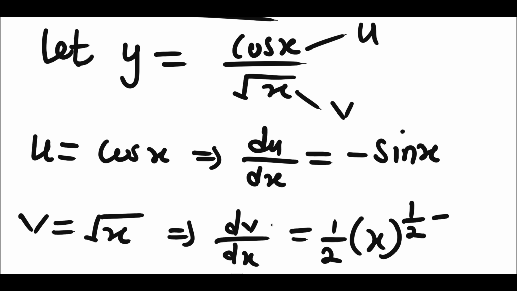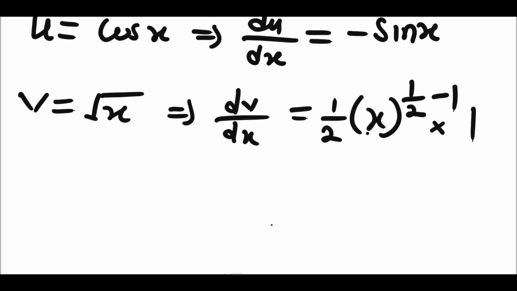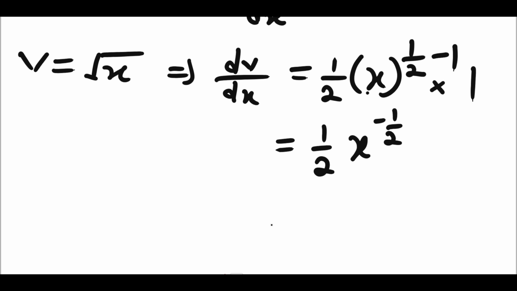Then you reduce the power by 1. What we have in the bracket is x, so you differentiate it and use it to multiply. When you differentiate x, you get 1, so you multiply by 1. Still on dv/dx, we get half times x exponent half minus 1, which gives us exponent negative half. Everything times 1 will still give us the same thing.